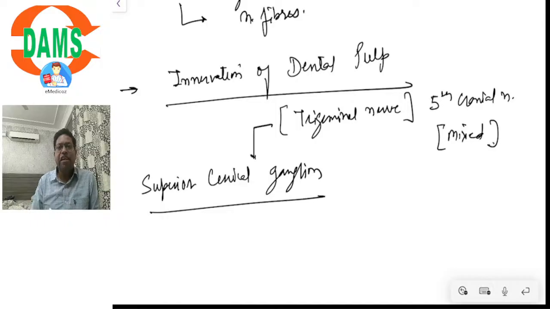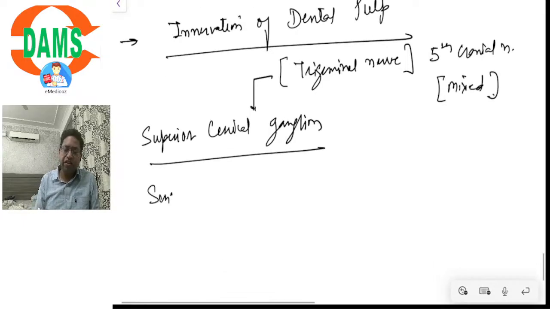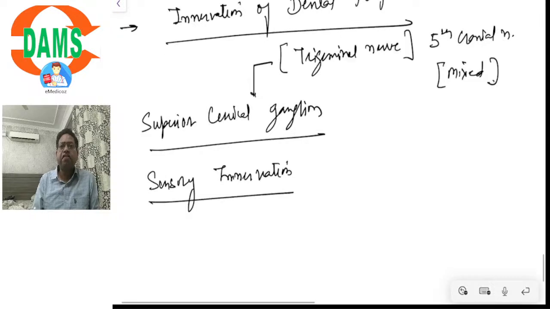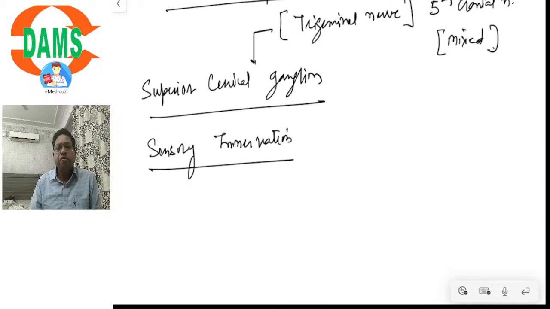Okay, the ganglion of the trigeminal nerve. So the sensory innervation of this trigeminal nerve to the pulp.